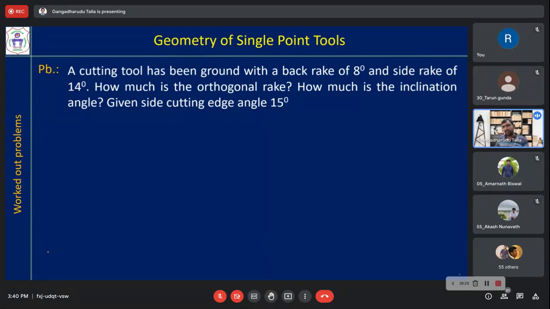Given side cutting edge angle 15 degrees. So you have this back rake angle. How do you represent back rake angle? What is the symbol? Anybody?